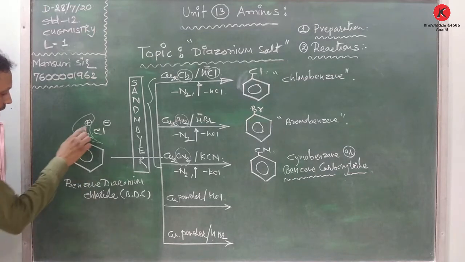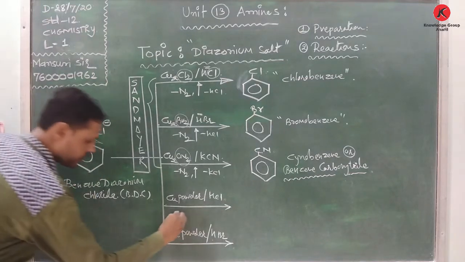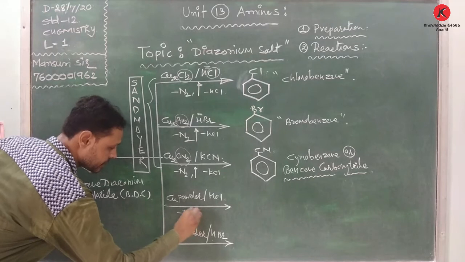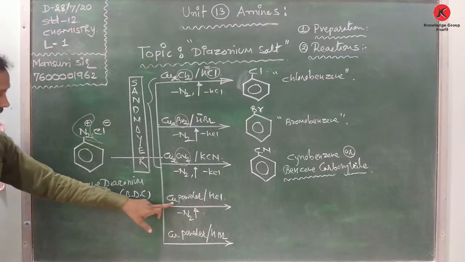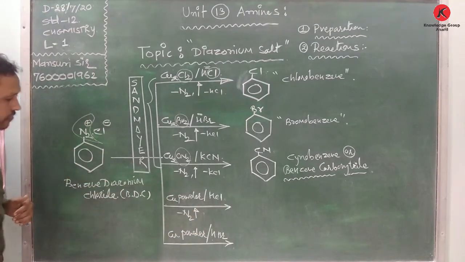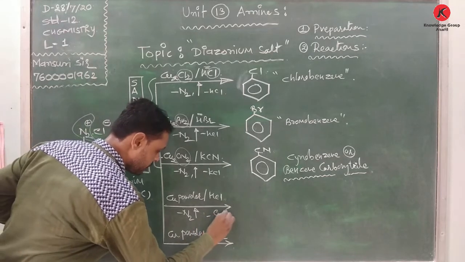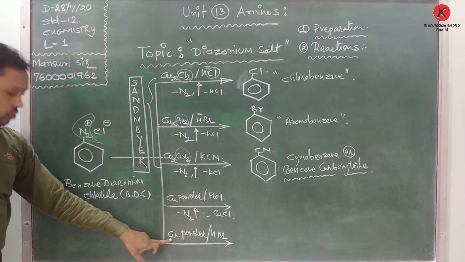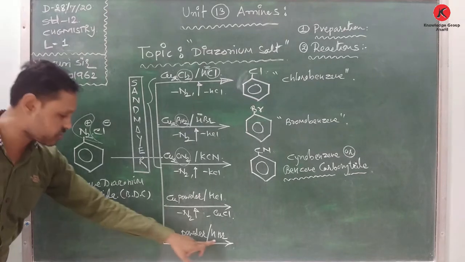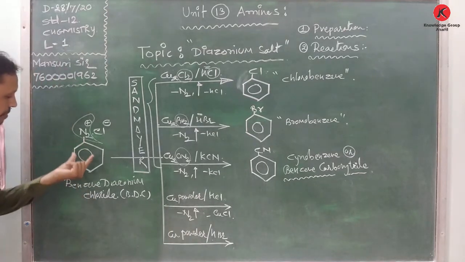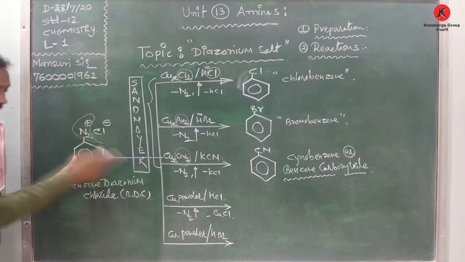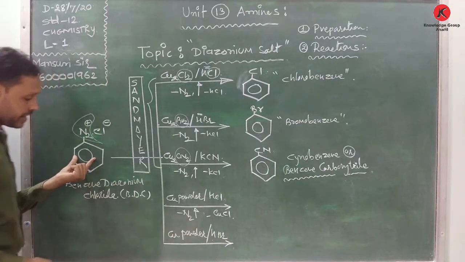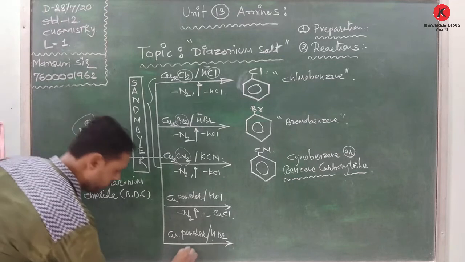Then here N2 will also be removed because N2 will be gas. That is why Cu reacts with Cl and forms CuCl. Here also copper powder is mixed with HBr. In this reaction, when benzene diazonium chloride reacts with copper powder plus HBr, then N2 will be removed.